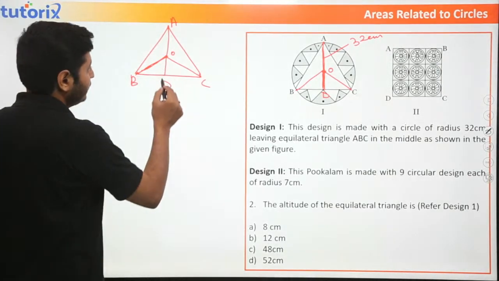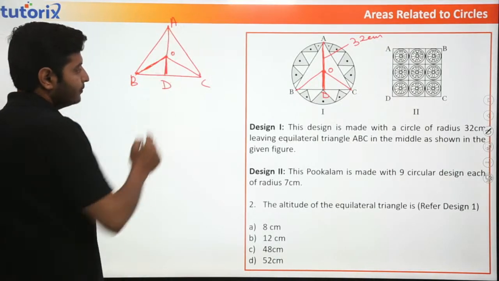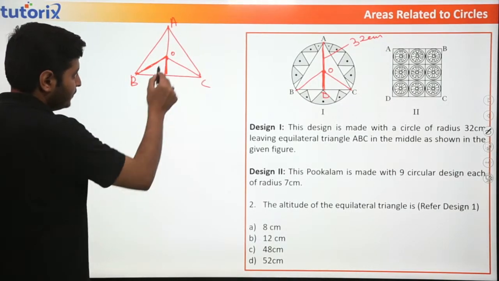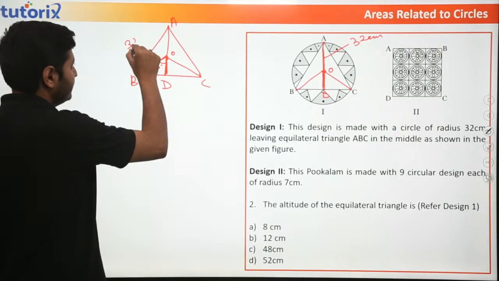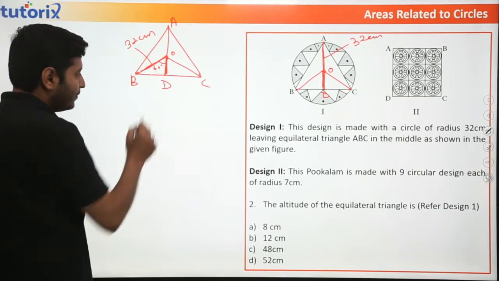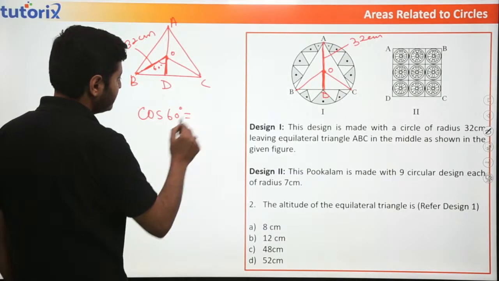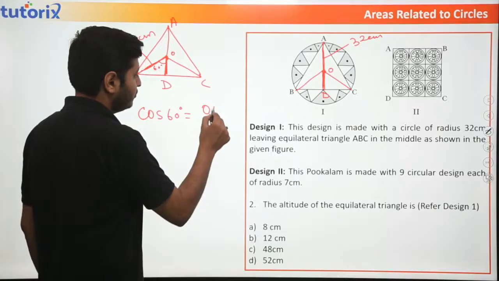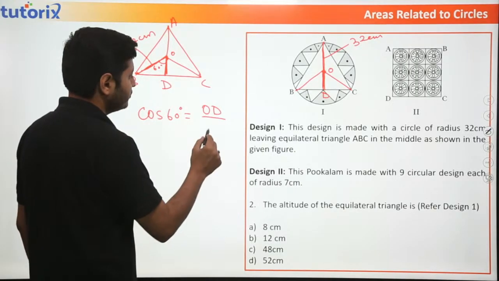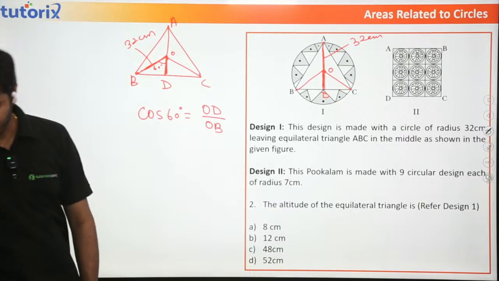Now look at this. We need to find this length. This we already know. This angle we know is 60 degree and this is 32 centimeter. Apply the cos 60 formula here. Cos 60 degrees equals to what? Base by hypotenuse. So base here is OD by hypotenuse is OB. Correct?